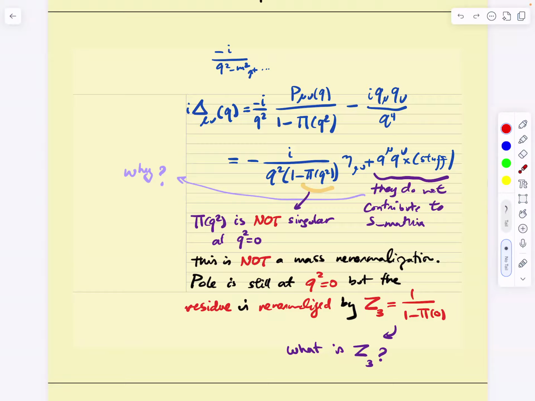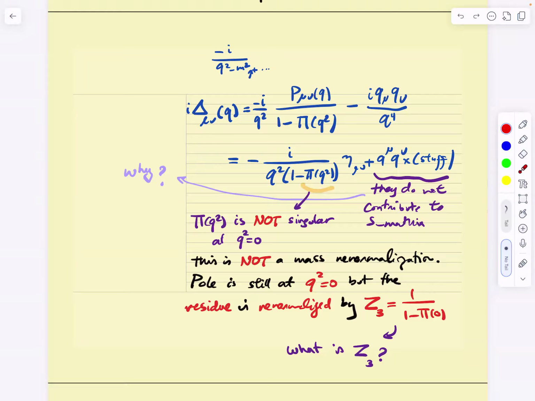Right? If it becomes singular, your pole structure completely changes. The requirement that the full propagator has poles at q equals 0 requires that this is nice, non-singular at q going to 0. Your pole, the order of it, nothing should change.